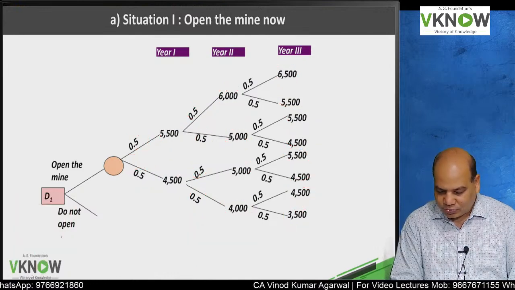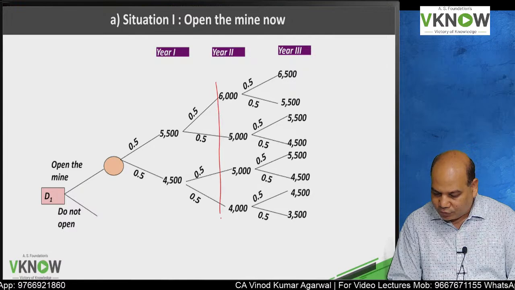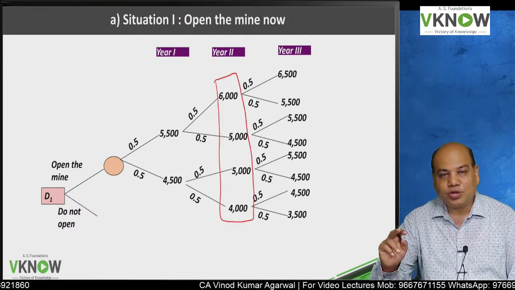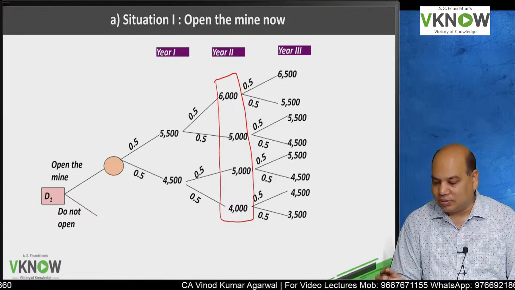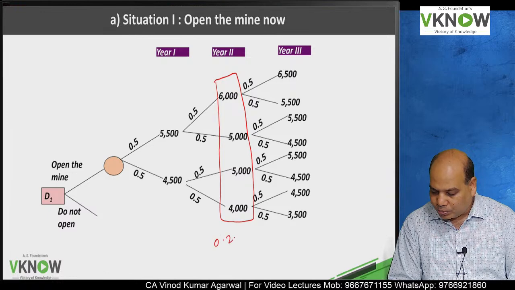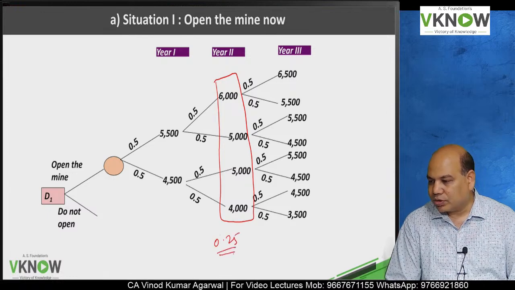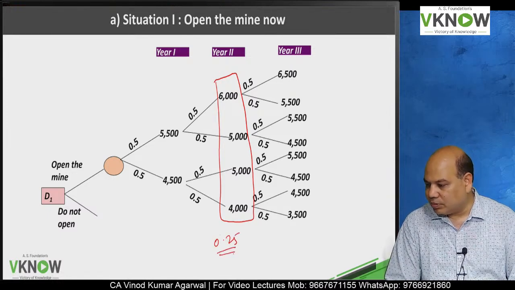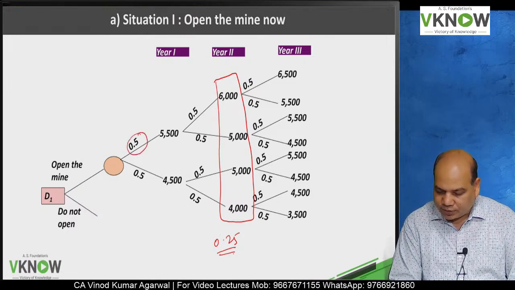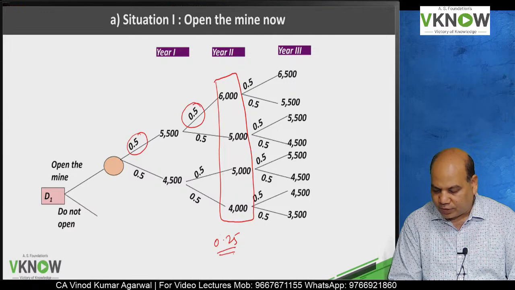In year 2 we have 4 possibilities. Each possibility is equal, so the probability of each of them will be 0.25. Or you can multiply 0.5 into 0.5.